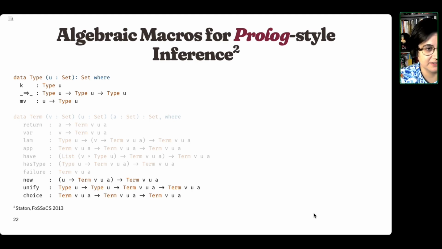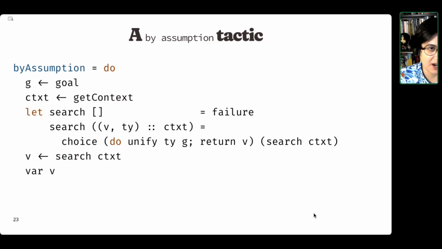which is very common in Prolog-style inference. With that, we can write a tactic by assumption, where we can search for this unification and choose whether to unify or continue to search along the context.